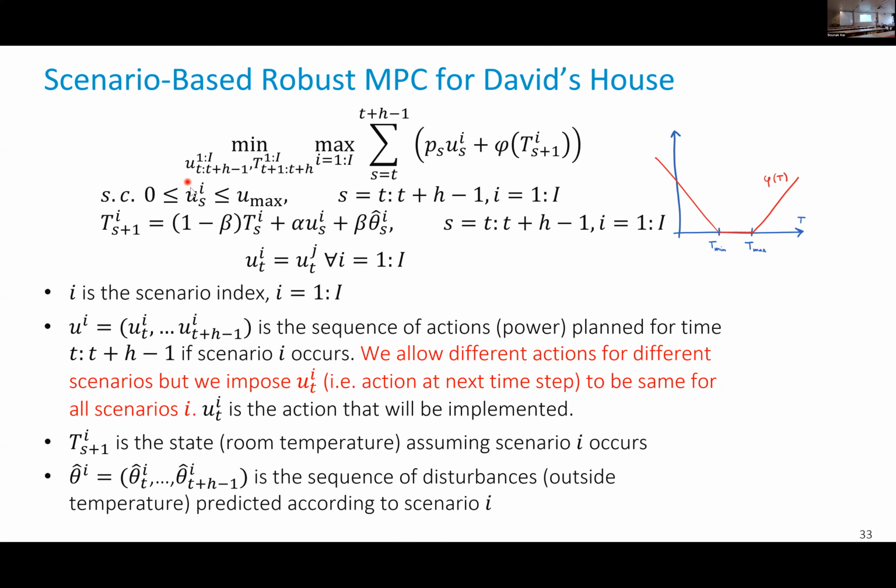That's the observed value here, whereas all the others are optimization variables here. So we solve this. We add the constraints, as we said, that the first action at time t, which I will take, is the same for all scenarios. And the disturbance here will depend on the scenario.